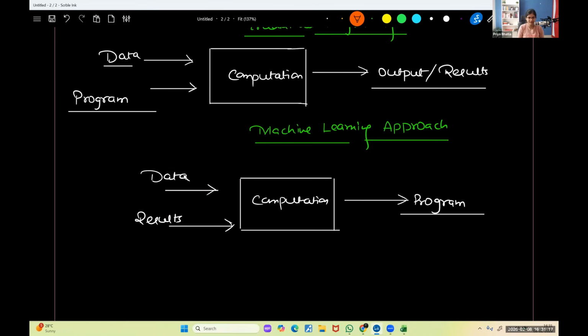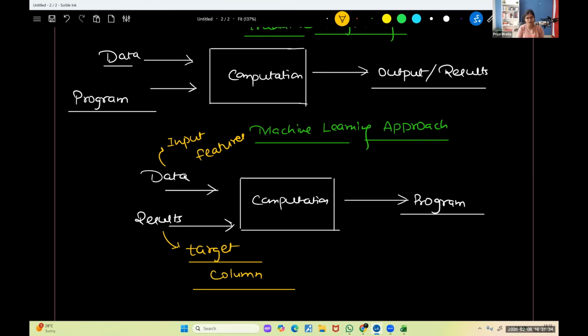Data is a list of the input features that we have, and result is what you can consider as the target column. Based on that, it will try to map and give us a set of rules, a program, which will do a better mapping of the input features to the target column.